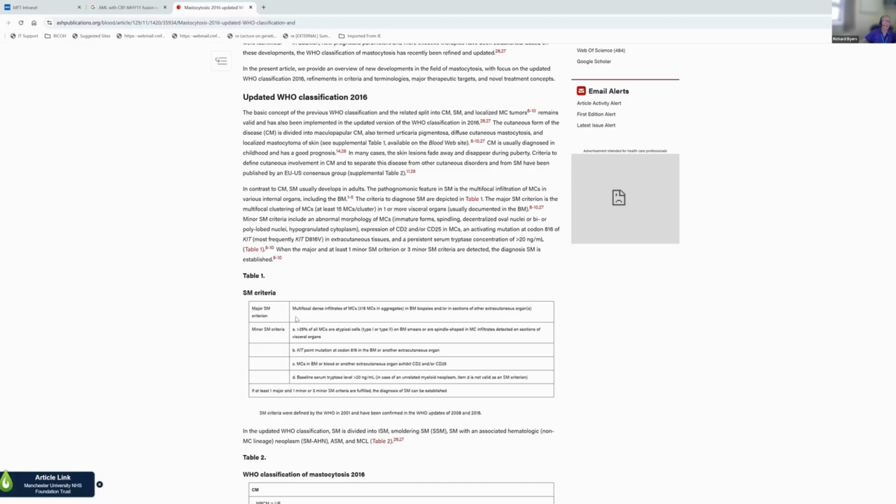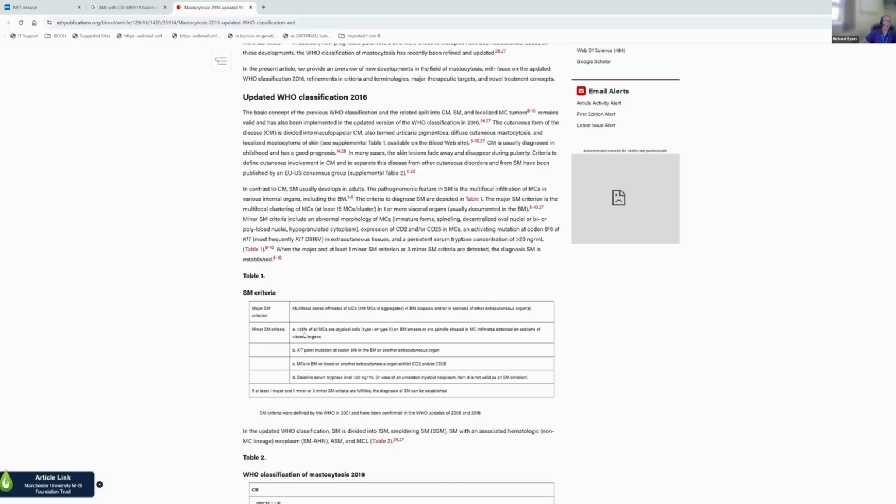So for systemic mastocytosis, there has to be either a major criterion, which is infiltrates of mast cells with 15 cells in aggregate. So there are no aggregates of that. So the major criterion is not present. Or you can have 3 of the minor criteria.